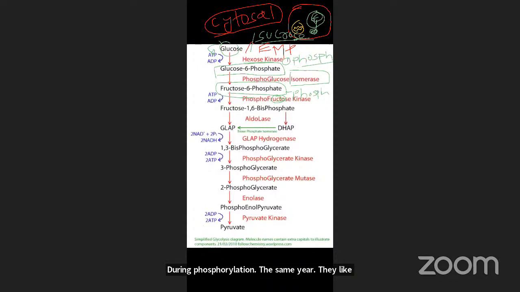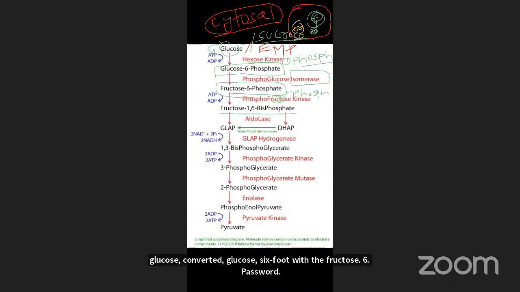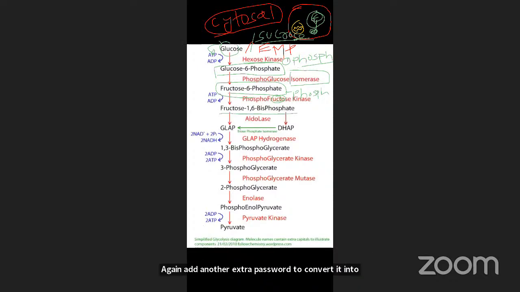Fructose 6-phosphate adds another phosphate and is converted into fructose 1,6-bisphosphate. As in the first reaction, ATP donates one phosphate, which is received by fructose 6-phosphate, and ATP is converted to ADP. The enzyme is again a kinase, the same type as hexokinase, involved in this reaction.